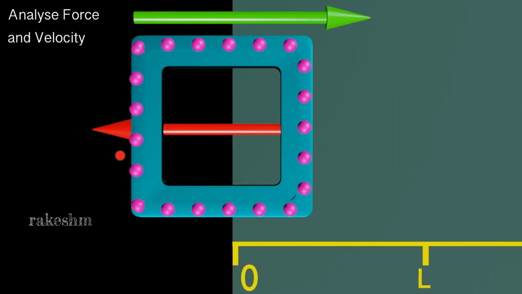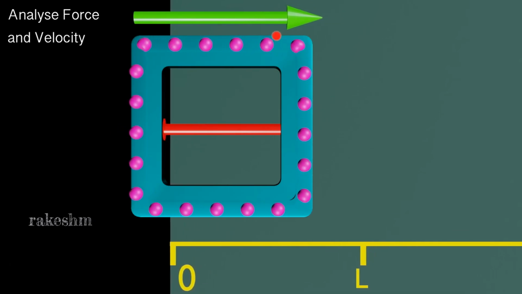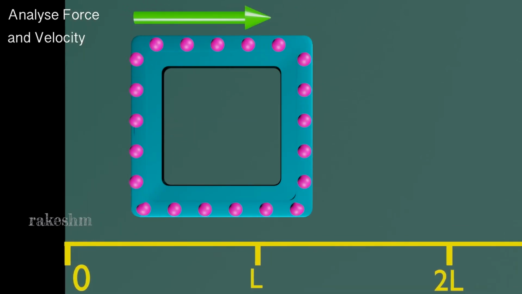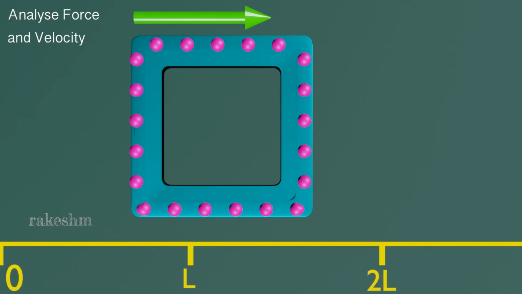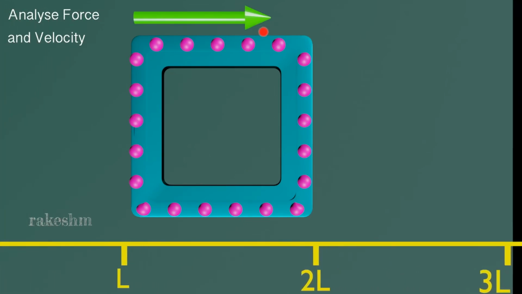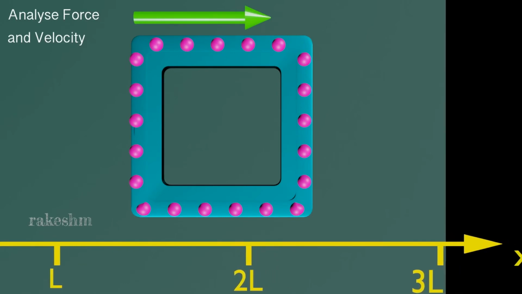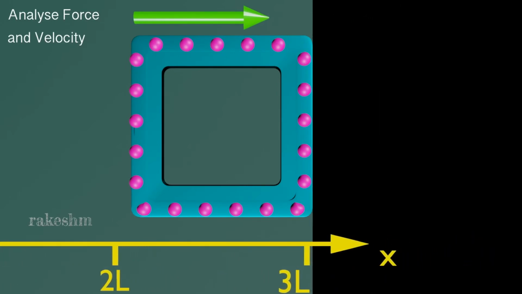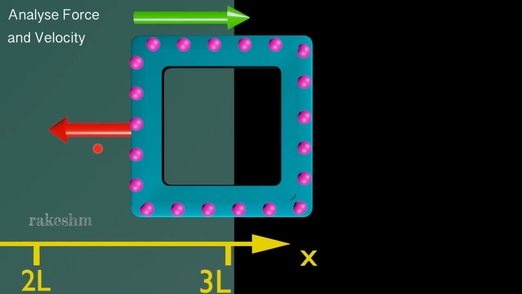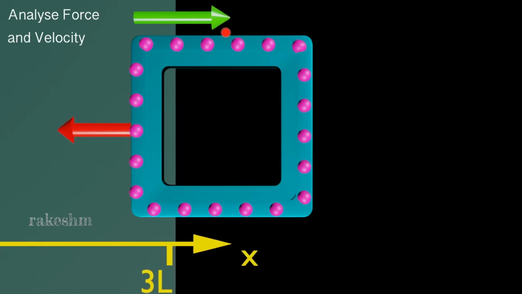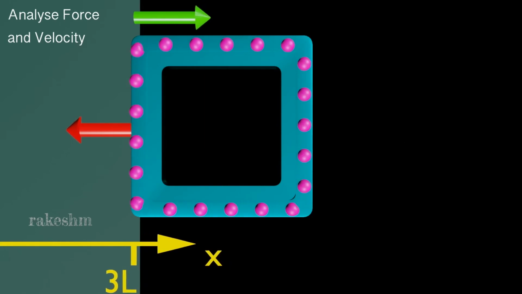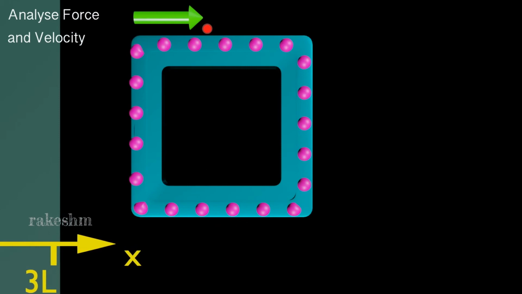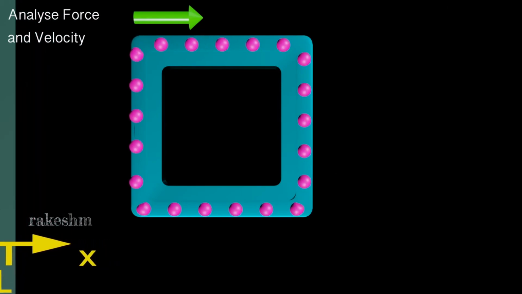As there is a force in this direction, you can see the velocity is decreasing here. And right now there is no force on the loop and the velocity of the loop is constant. And once it crosses 3L, there is a force towards left, and again the velocity decreases, and after it exits the magnetic field, the velocity again becomes constant.